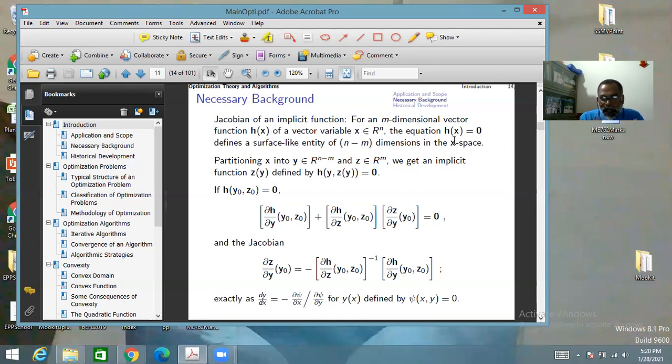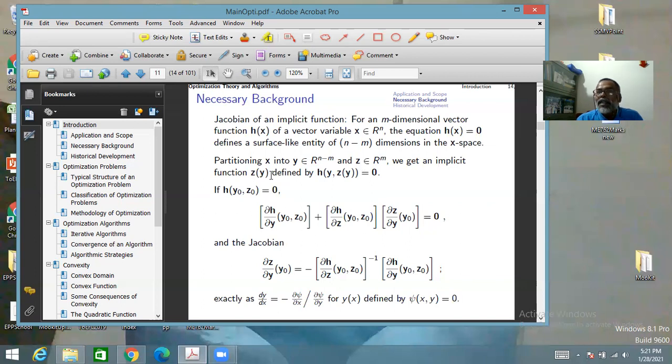So you can partition the unknowns x into two parts: this z, which you can solve in terms of the rest of them, y, because you have m equations. So m unknowns you can solve.